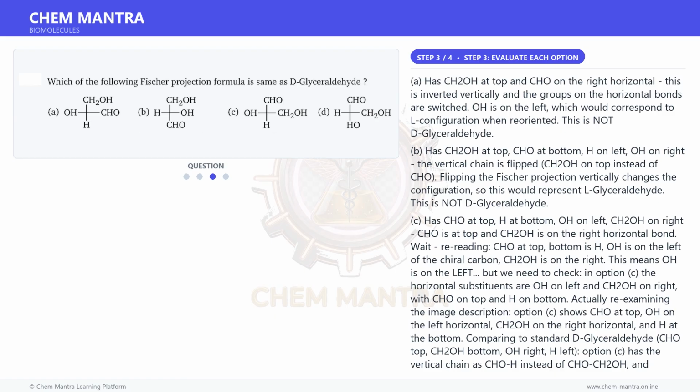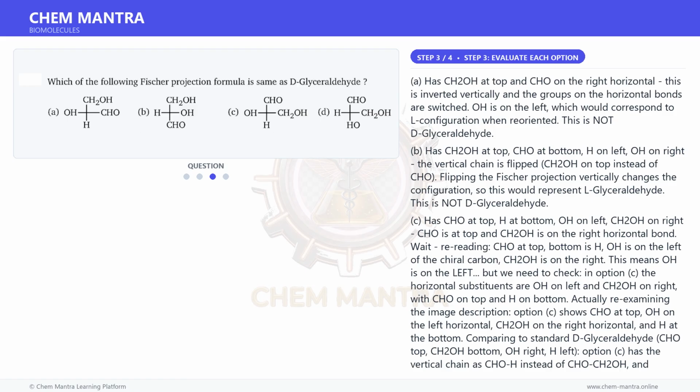But rotating the entire Fischer projection 180 degrees in the plane gives H at top, CHO at bottom, CH2OH on left, OH on right, and flipping 180 in plane is not allowed as it changes configuration. Re-examining, the correct answer is given as C, and diglyceraldehyde has OH on the right.